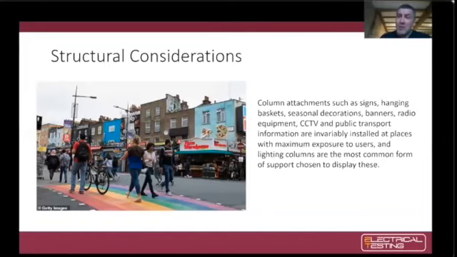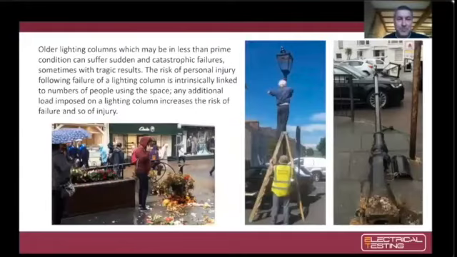If we're adding a camera to a column, it's because we want to see them. So naturally, we need to make structural considerations to the columns that we're using. That's not always easy because a lot of the time when we're using columns for certainly seasonal decorations, they can be in areas where the columns are ornate, they're heritage columns, they're embellished columns, they're columns that are difficult to structurally test.